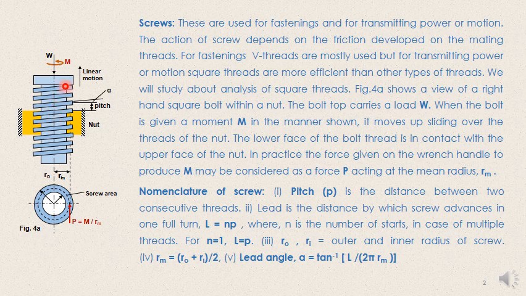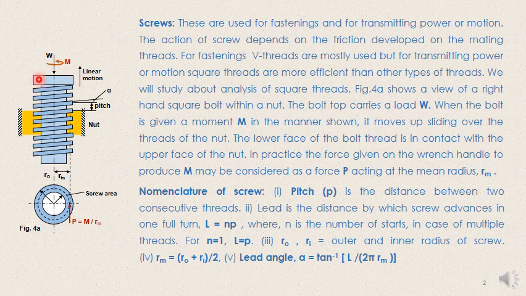As far as the nomenclature is concerned, from this point to this point, that means between two consecutive threads, this distance we call the pitch of the thread. When we consider the motion of the thread, if we give a moment M in this manner, then we get a linear motion of the screw upward.